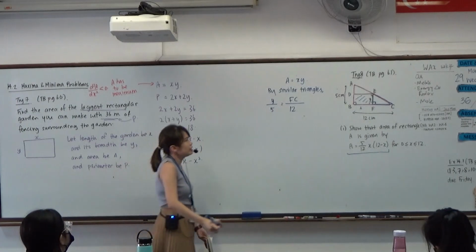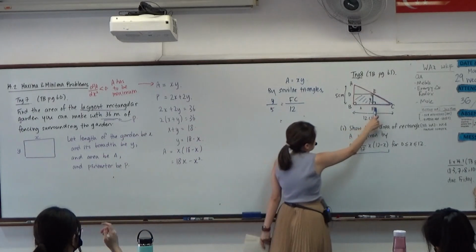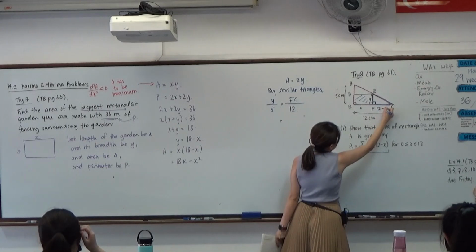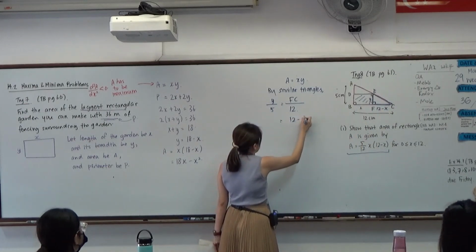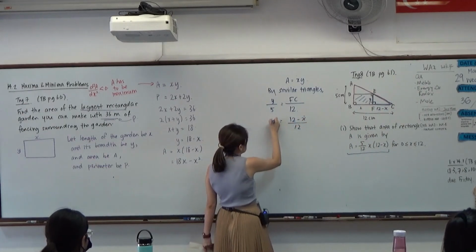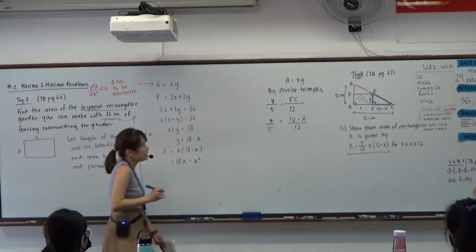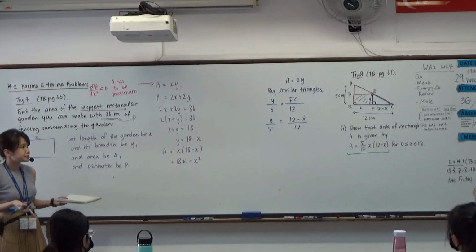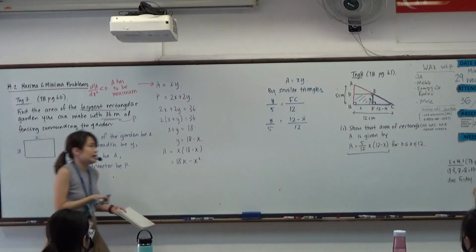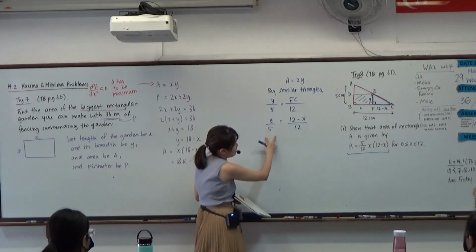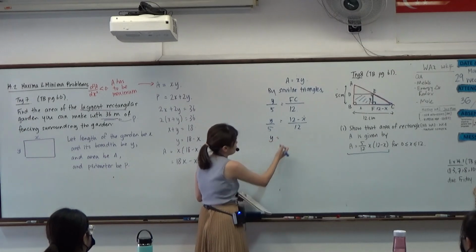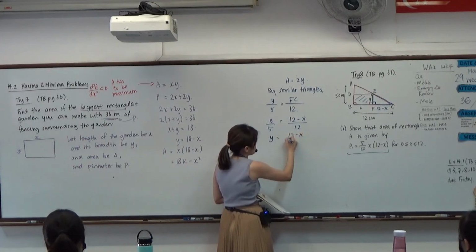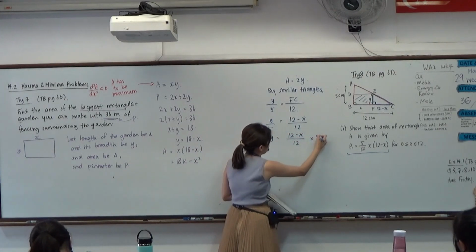And I know that FC is actually 12 minus x. So I can see that y over 5 equals 12 minus x over 12. Then I just have to bring this over 5 to the other side such that I have y equals 12 minus x over 12 times 5.